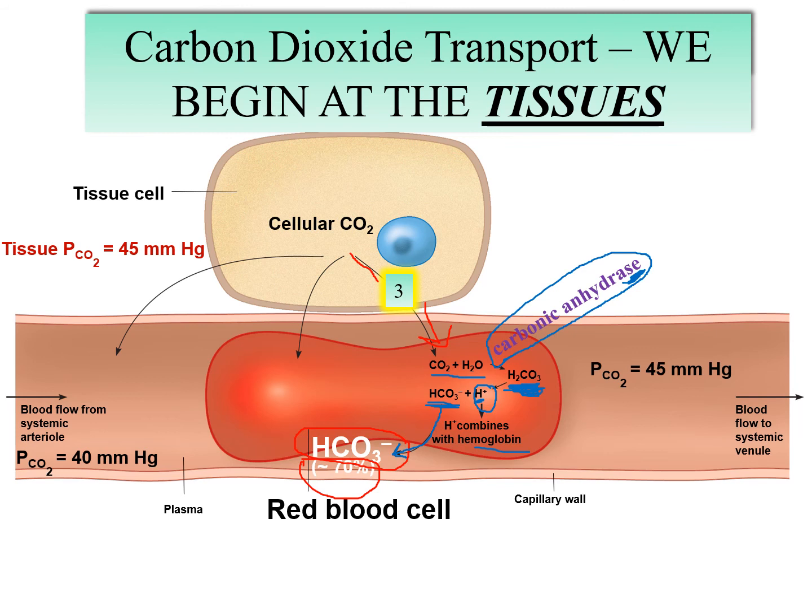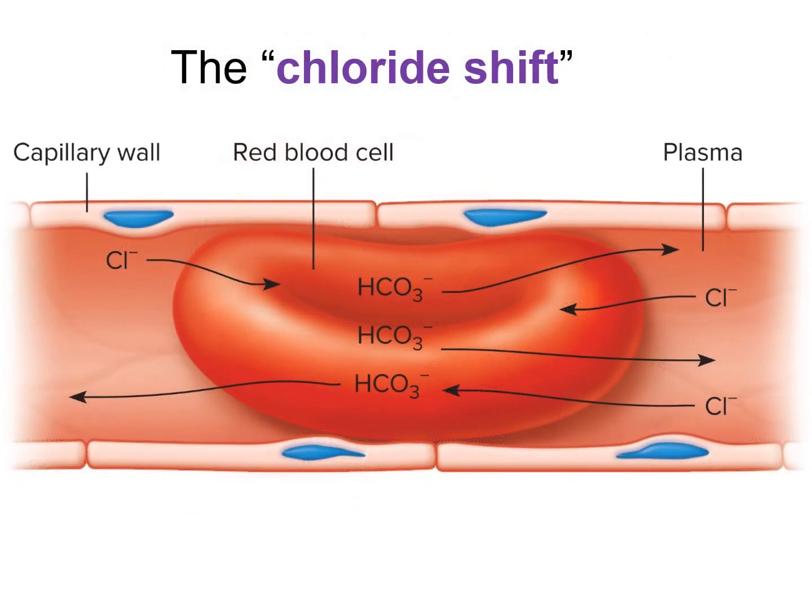Now, when that happens, note the charge here. This is a minus charge. For every bicarbonate ion that leaves the blood and goes into the plasma, there is a chloride ion that's going to go from the plasma into the blood. This is called the chloride shift, and it ensures that there is no significant charge change that takes place.